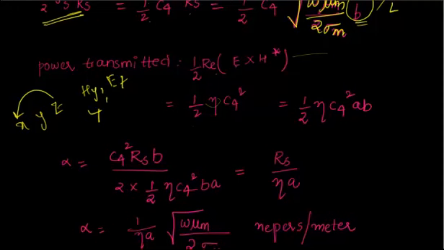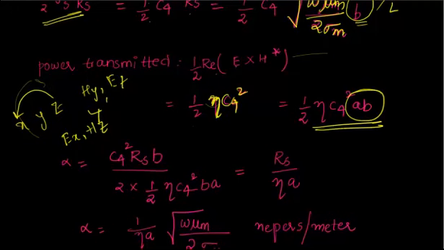If you had multiplied EX and HZ, then the multiplication would be like this. So in this case, it is half into eta C4 square, and you get this relation.